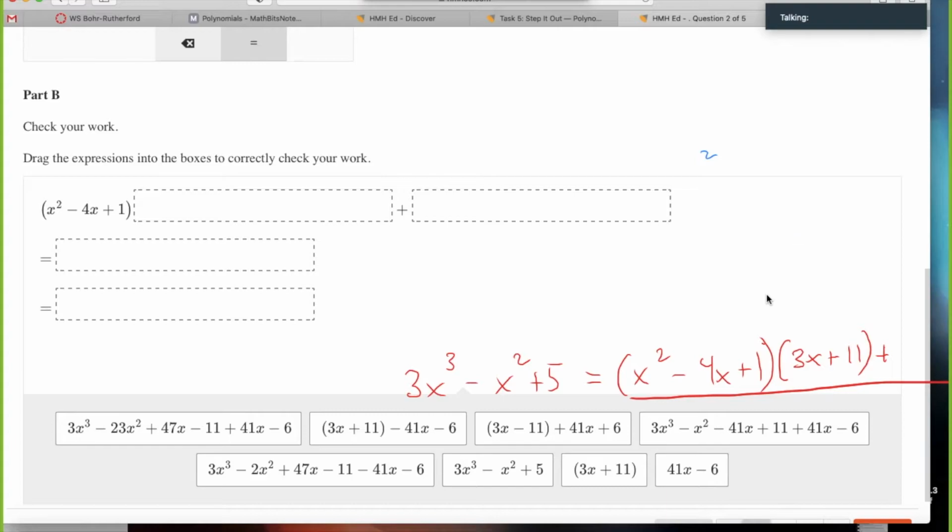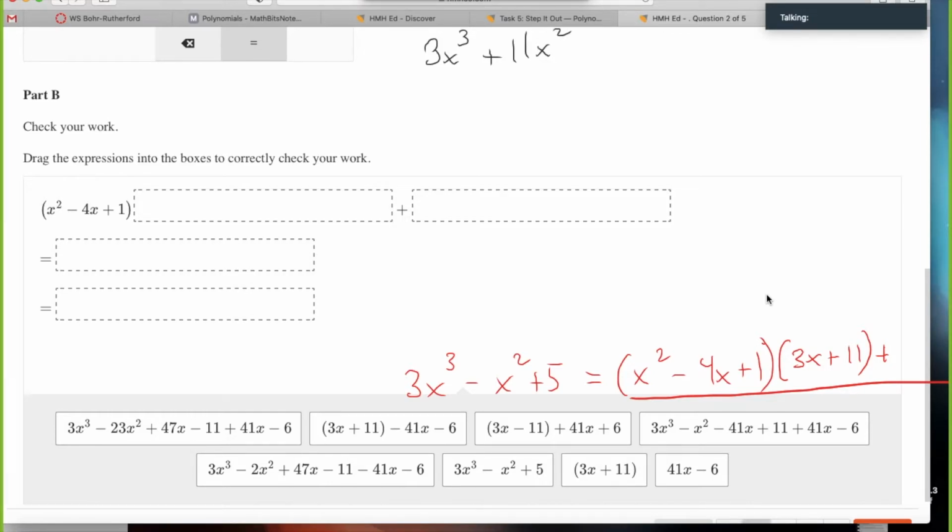All right, so when we multiply them together, I'm going to start up here in black. So we've got x squared times 3x, so we get 3x cubed. So we're on the right track, at least. And then x squared times 11 is plus 11x squared.